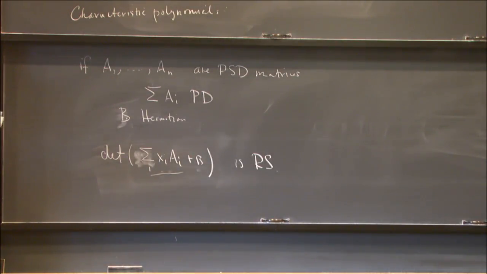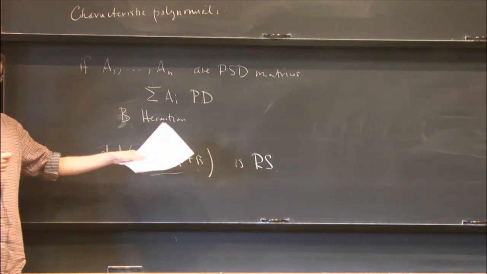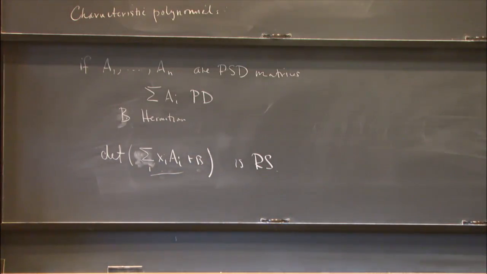For every polynomial, you can find some matrix for which that polynomial is the characteristic polynomial of that matrix. And in many ways, this extends this idea. But the characteristic polynomial is a univariate polynomial.